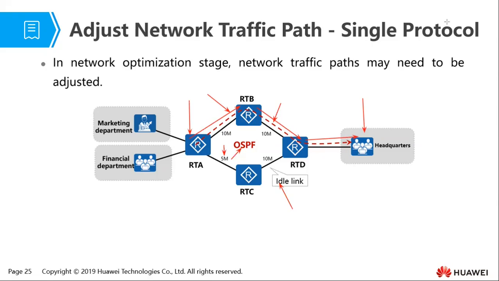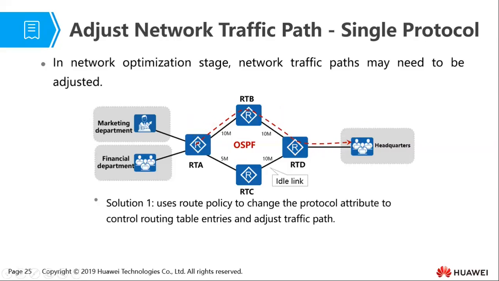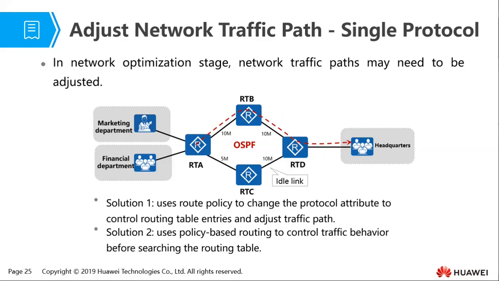So to avoid that, you need to optimize traffic flows within your network. We have two solutions to that. You can either use a route policy, or you can use what we call policy-based routing.